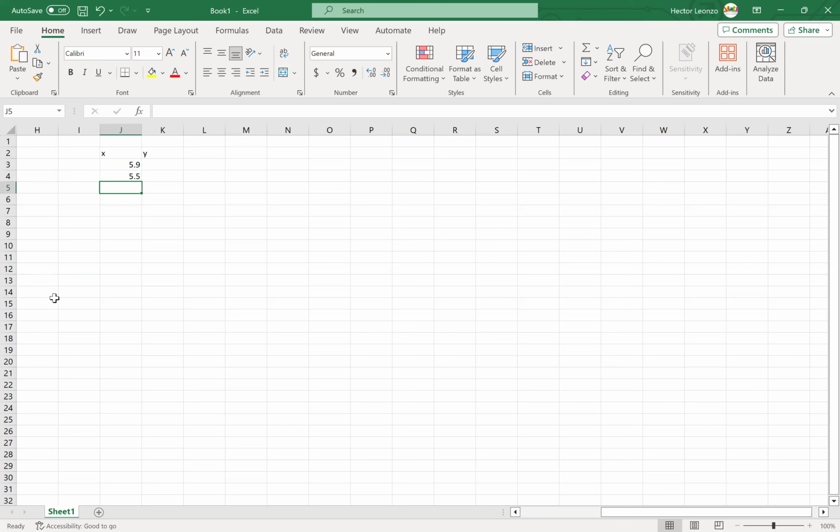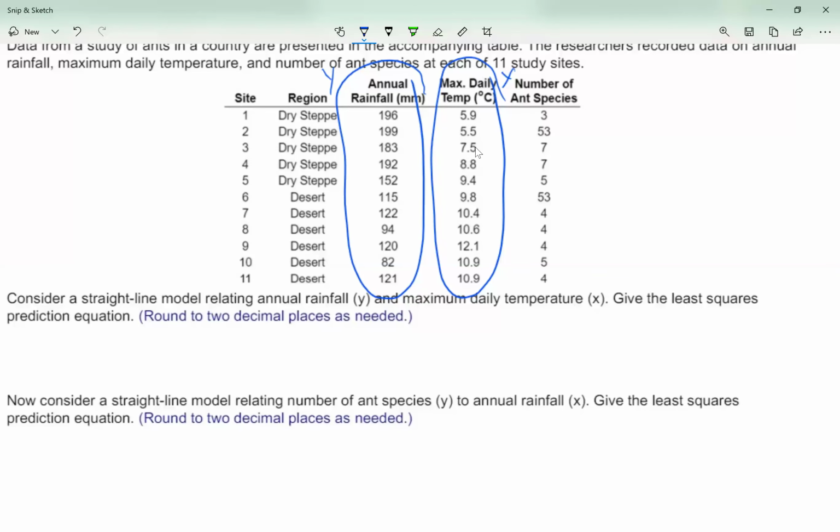Like I said, my X value is the temperature. 7.5, 8.8, 9.4, 9.8, 10.4, 10.6, 12.1, 10.9, and 10.9. These values I got from our notes, right? Just to show you, these are the values that I use.